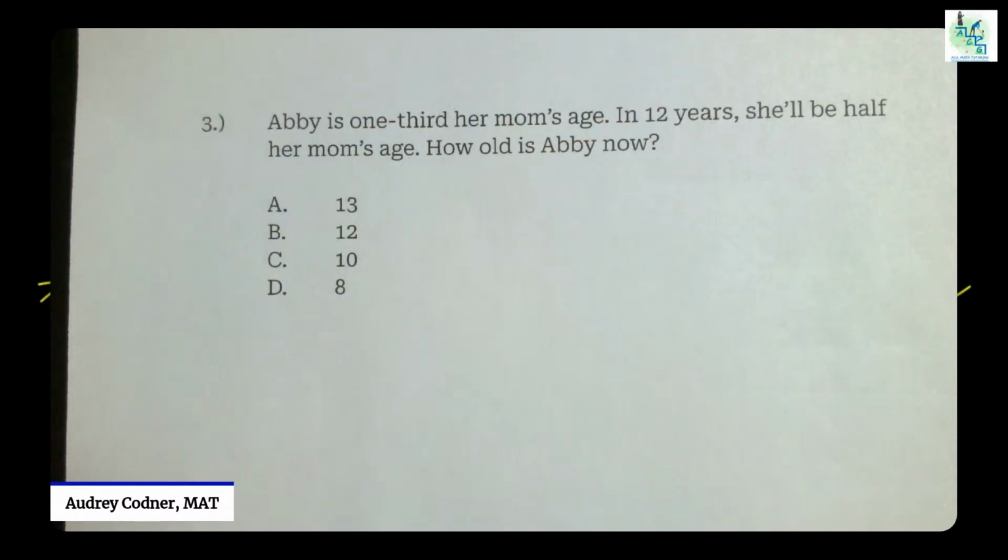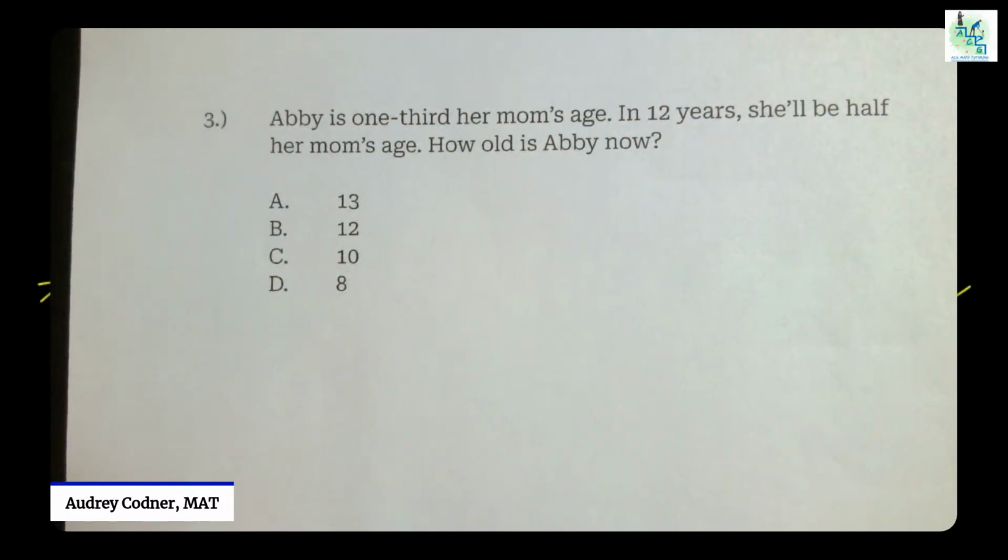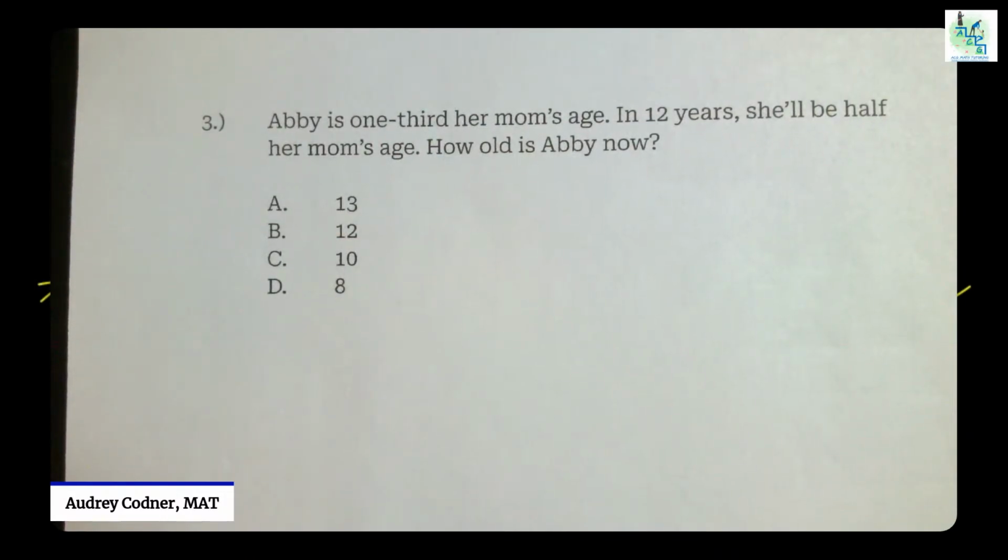Let's see, how old is Abby? So if Abby is 1/3 her mother's age, in 12 years, she'll be half her mother's age. How old is Abby now? Is she A, 13, B, 12, C, 10, or D, 8?